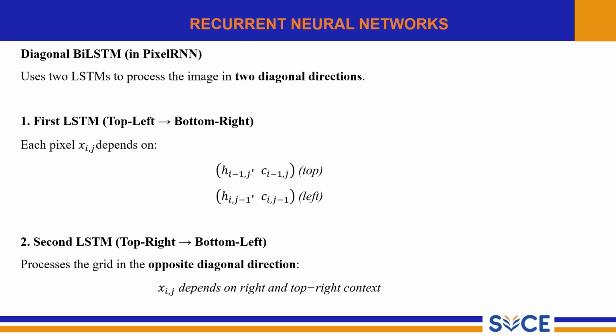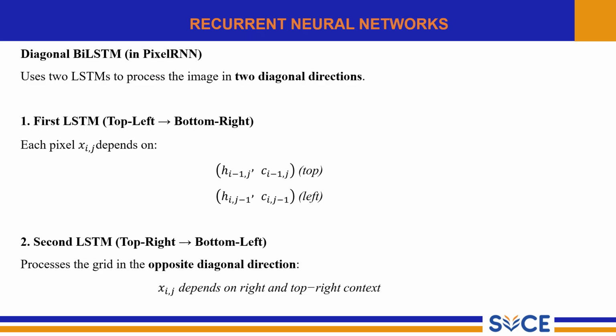So next one is the second LSTM, top right to bottom left direction. To make the model even more powerful, a second LSTM is introduced. This second LSTM processes the image in the opposite diagonal direction, from top right to bottom left.